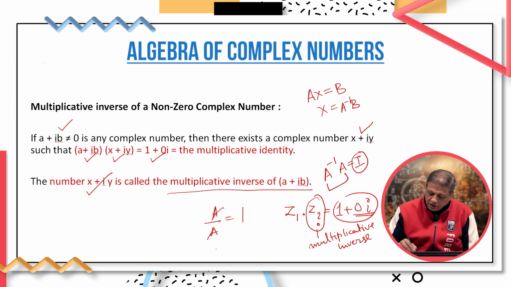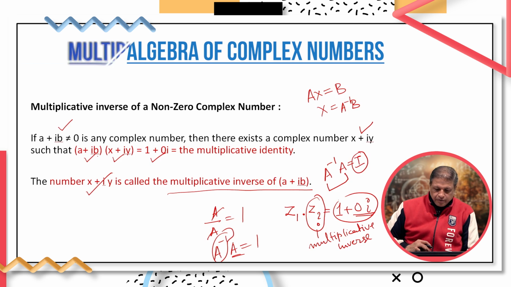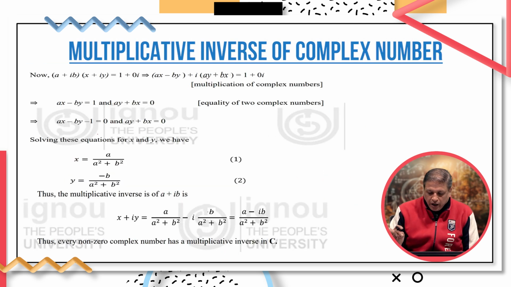This cancels out, so a inverse into a is equal to 1. That's why this is the multiplicative inverse of a. On the same lines, we are going to have the multiplicative inverse of the complex number a plus ib. So let's apply the understanding of multiplicative inverse to solve a numerical, to see how the multiplicative inverse is determined.